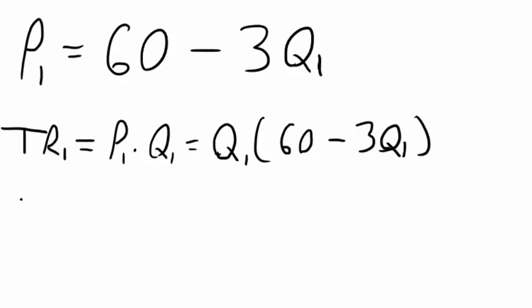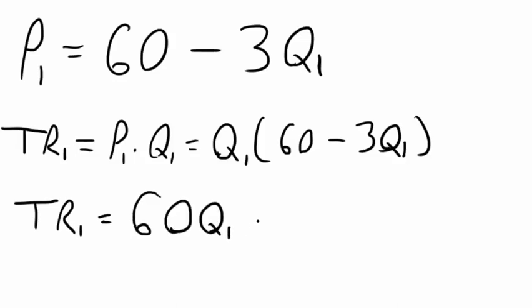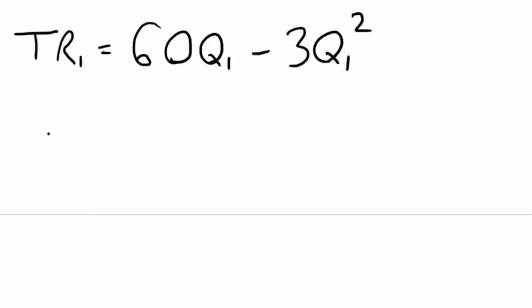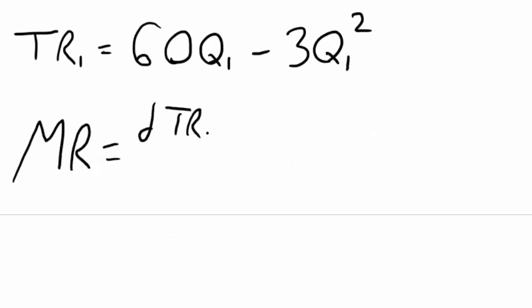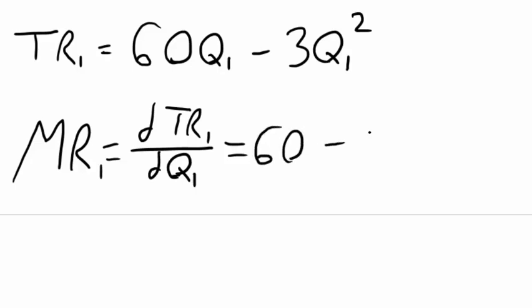Distributing that Q1, we get a total revenue 1 of 60 Q1 minus 3Q1 squared. Marginal revenue is the derivative of the total revenue function with respect to Q, and that derivative is 60 minus 6Q1.